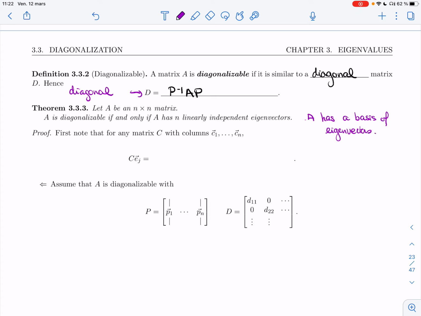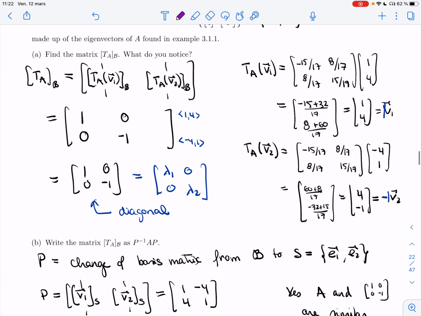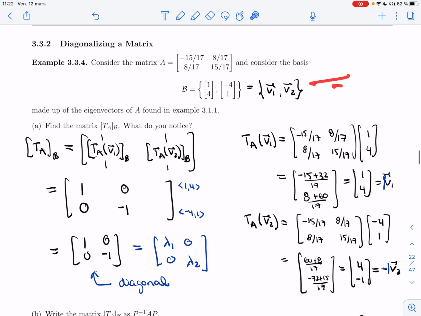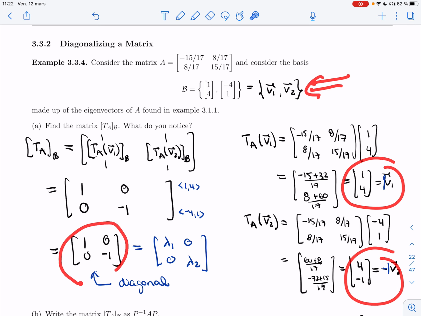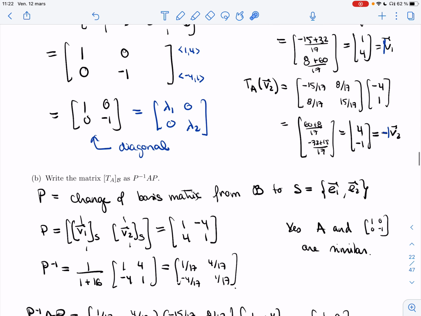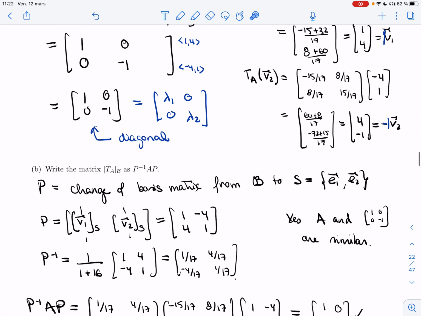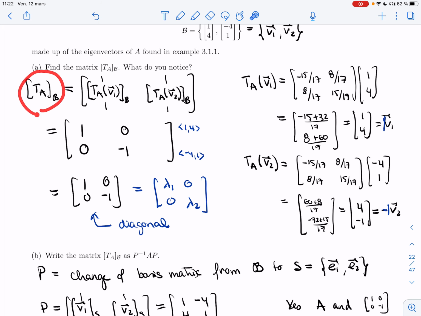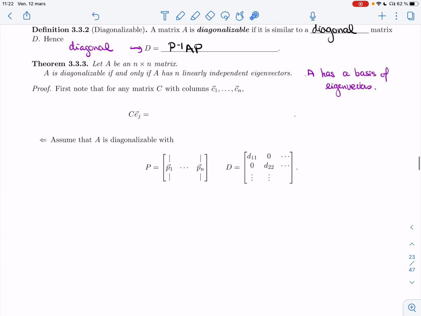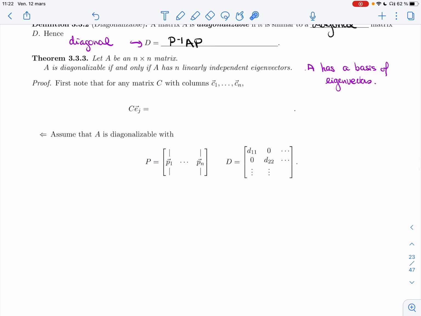All right, so let's prove this. And notice, in fact, that that's what I did here, right? I took a basis of eigenvectors, and I showed how easy it was to, even though I messed up, I showed how easy it was to find the matrix. And that matrix corresponding to TA in that basis B was a diagonal matrix.